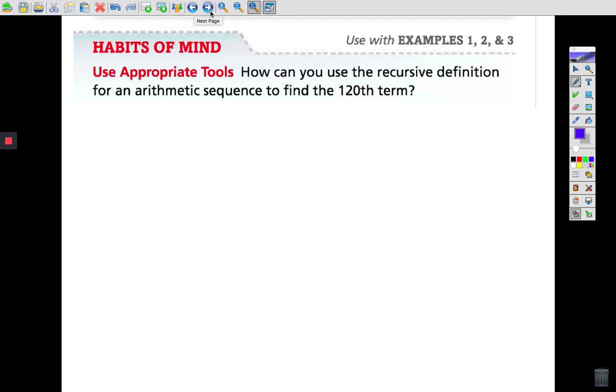How can you use the recursive definition for an arithmetic sequence to find the 120th term? We could rewrite the recursive definition as an explicit definition.